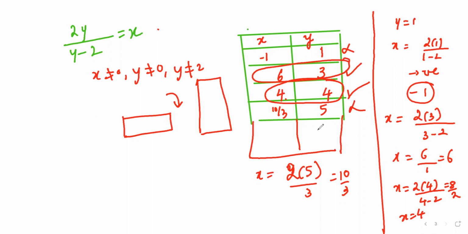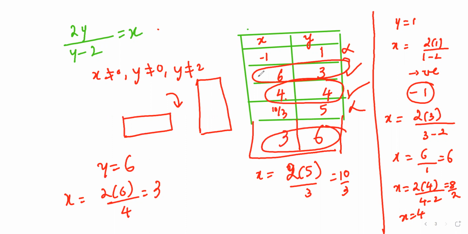X is 2 into 6 by 6 minus 2, which is 12 by 4, which is 3. So when y is 6, x is going to be 3. So these both are identical cases I'm trying to say. That when x is 6, y is 3, and when y is 6, x is 3.